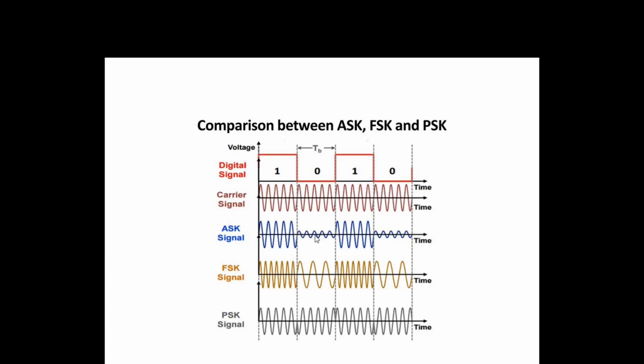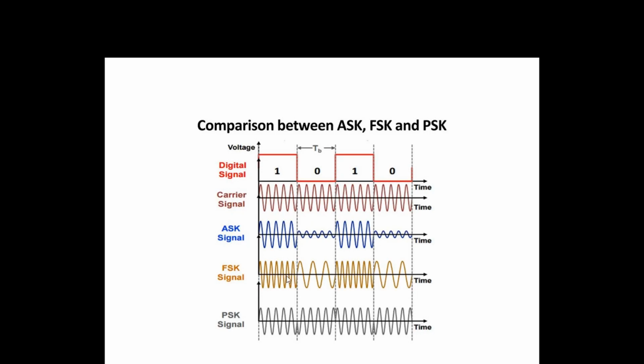So we have two variations in the amplitude of the modulated signal. This is the concept of amplitude shift keying. Simply, we can conclude the amplitude of the carrier varies with respect to a digital input.